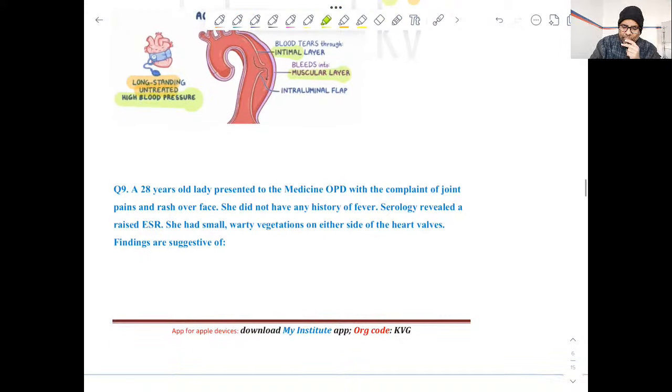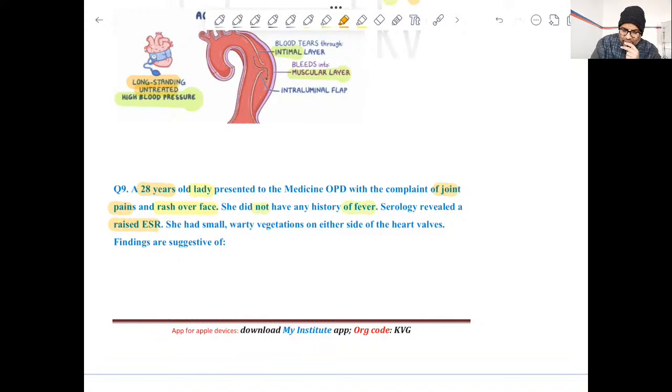Then moving forward, a patient, 20 years old lady, presented with joint pains. Okay, so it's a young lady with joint pains and a rash over face. There is no fever as such, and on blood examination we can see raised ESR.